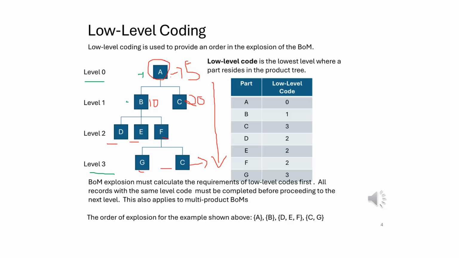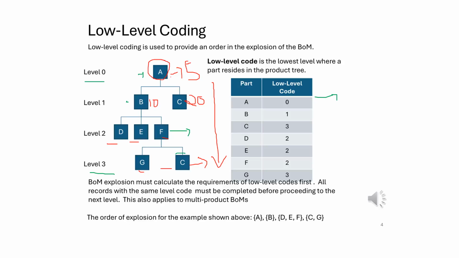So to indicate the order in which we calculate the MRP, we can simply draft a table like this, telling which parts lie at which level. So for example, over here, A lies at level 0, B lies at level 1, C lies at level 1 and at level 3, but we write level 3 purely because to draft the MRP for C, we require the MRP for F. So the MRP for C can only be calculated at level 3 and not at level 1.